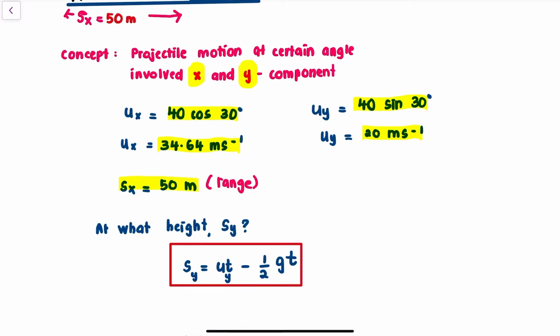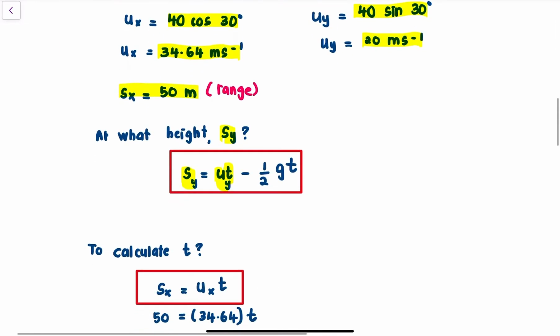Height is actually the value at the y-axis, so that's why I write the symbol y here, meaning the value must be at the y-axis. The initial velocity refers to the y-axis, this is the time, minus half gt squared. So the problem is we need to determine the t here. We need to determine the time.